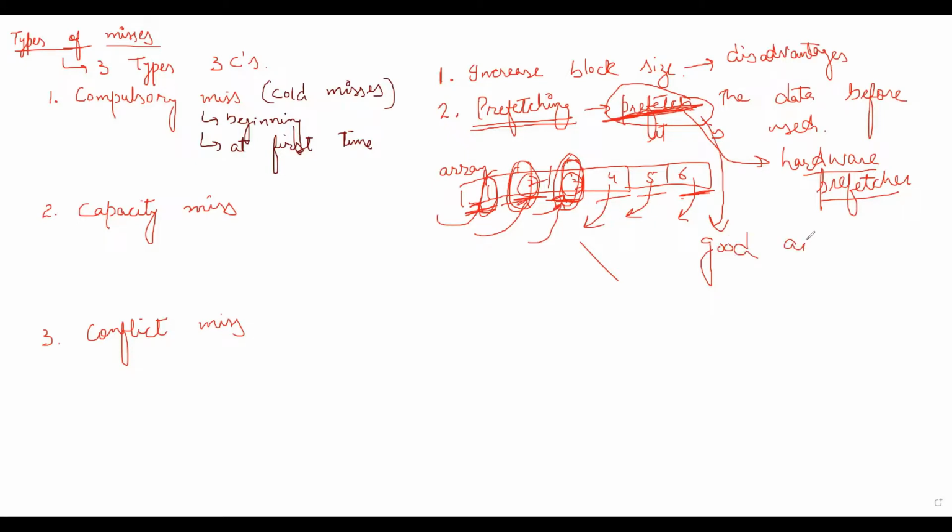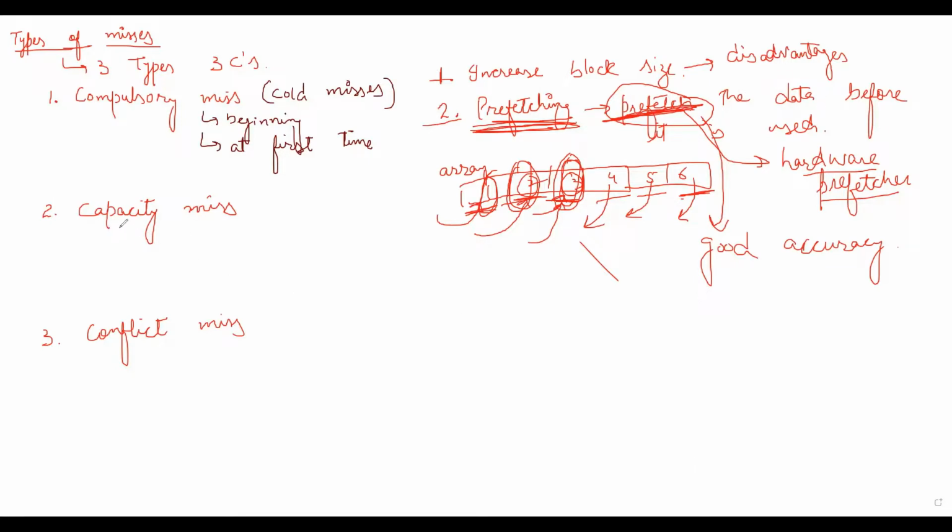If it has poor accuracy, it is getting unwanted data into the cache, and that will replace useful data in the cache and result in cache pollution. So having a poor prefetcher will result in cache pollution. You should choose a prefetcher with good prefetching accuracy. So this was about compulsory misses and the 2 techniques that can be used to reduce them. Now let's come to the capacity misses.